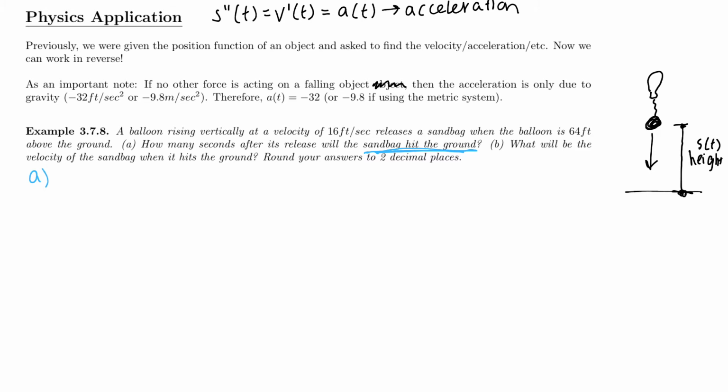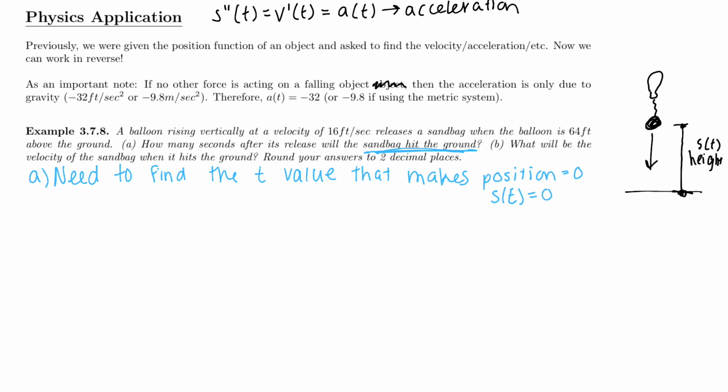So this is asking us to find the t value that makes position equal to 0. And I say t value because I mean time. So position equals 0 is the same thing as saying s of t equals 0.